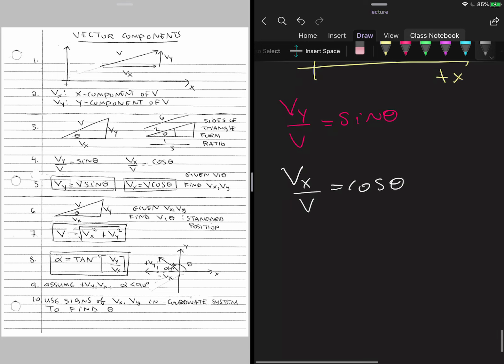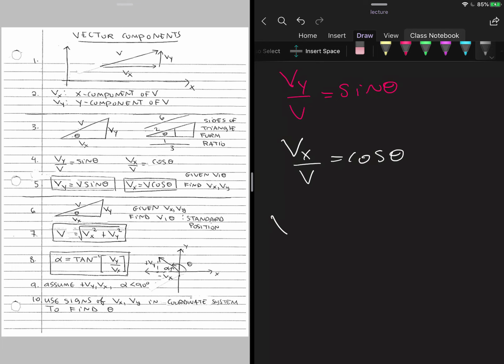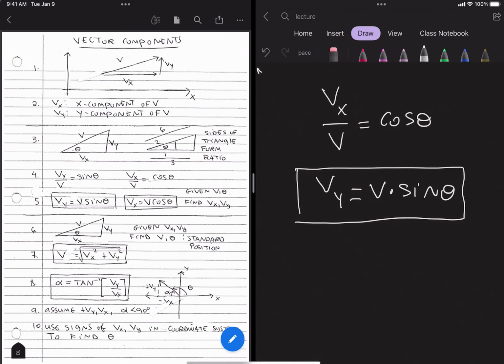And so now we can rewrite these. We can say that the y component of the motion is going to be the magnitude, or the hypotenuse, of the vector multiplied by the sine of the angle of the vector. And using this equation, you can solve for the x component of the vector.